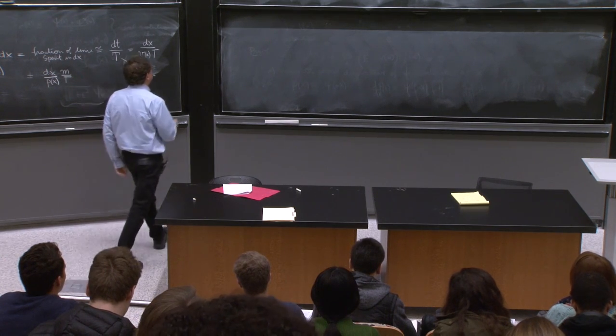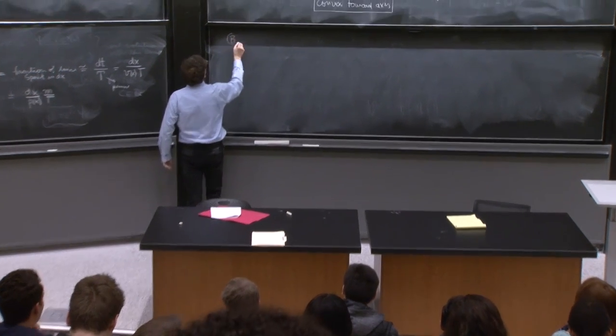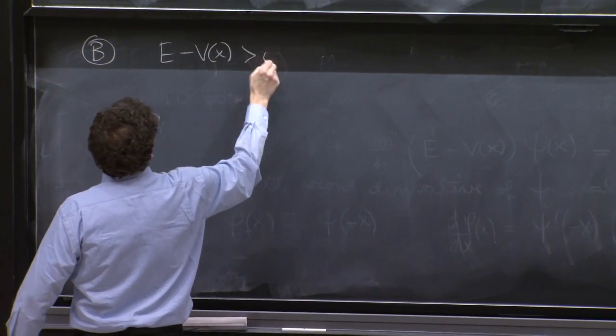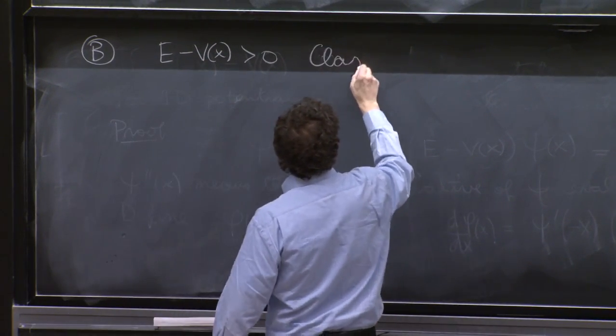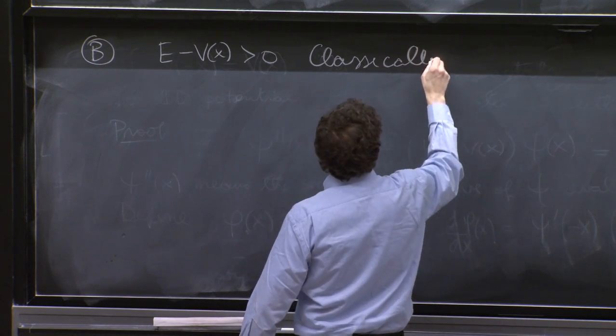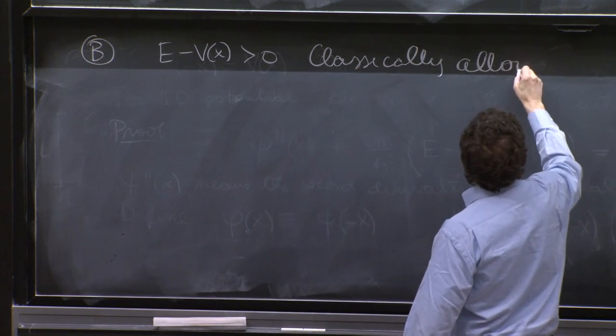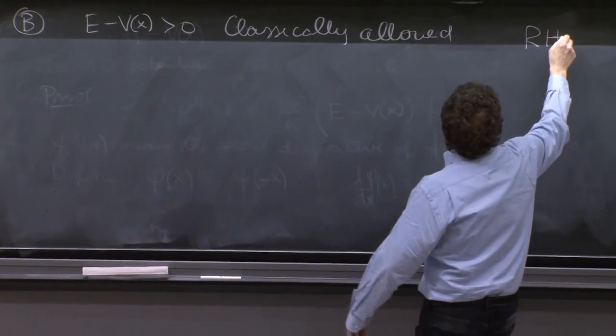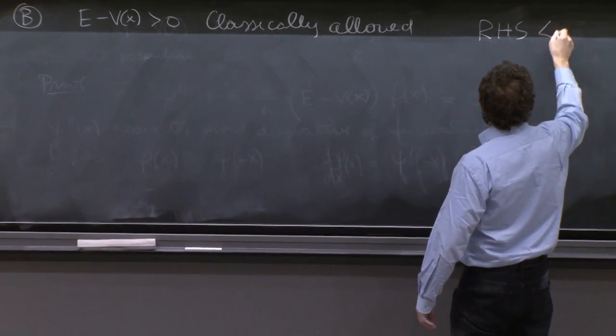Classically allowed, B: E minus V of x greater than 0, classically allowed. And the right-hand side of the equation is negative.